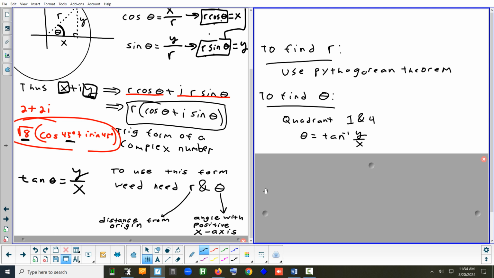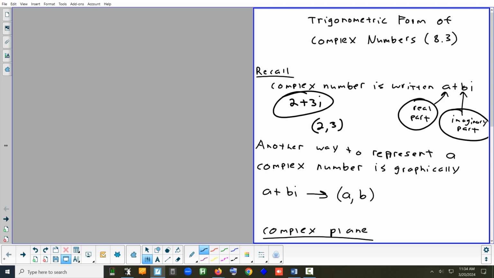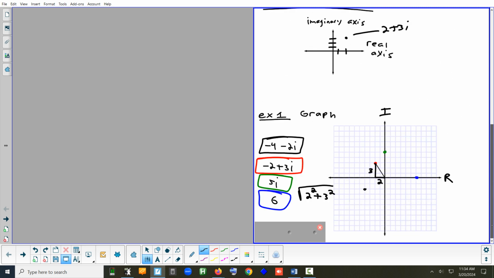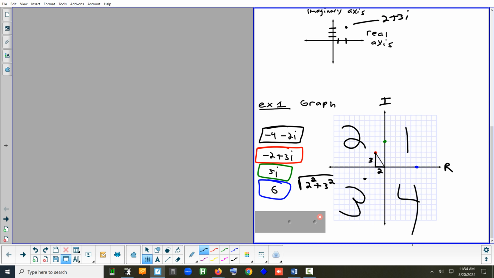So if you're trying to find an angle in quadrants 1 or 4, the formula is the inverse tangent of y over x. Well, how do you know if you're in quadrants 1 or 4? Well, that's why I taught you earlier how to take a complex number and graph it. So you graph your complex number, and then you know if you're in quadrant 1, 2, 3, or 4. That's how you know.